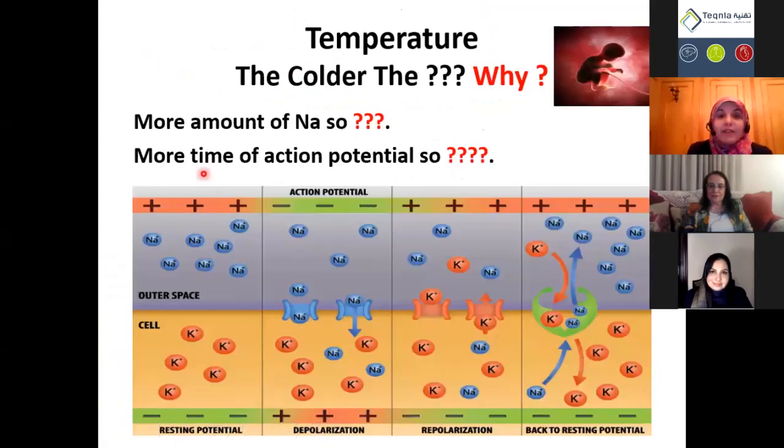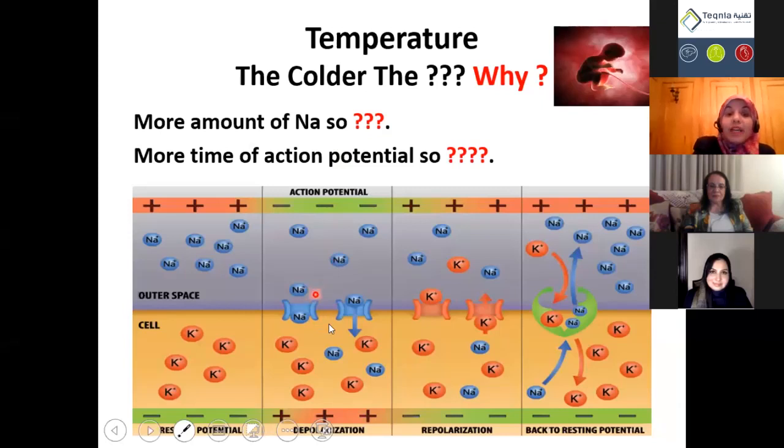I would like to begin first with the temperature. The temperature, as you can see here, acts during the formation of the potential. The temperature affects the gates of the sodium channels and delays the closure of the sodium channels. So when you have a more delayed closure, you have more sodium entering.